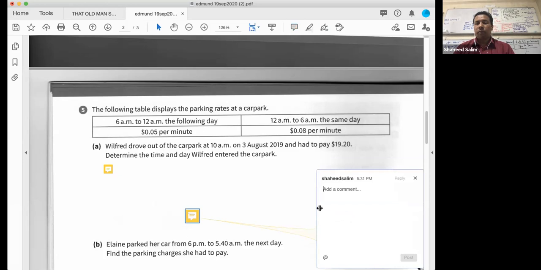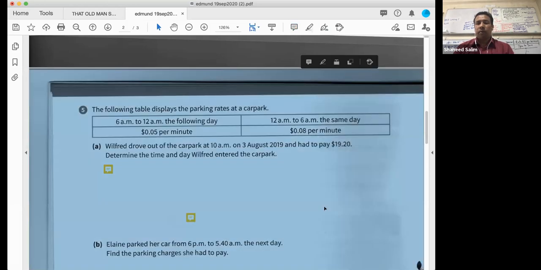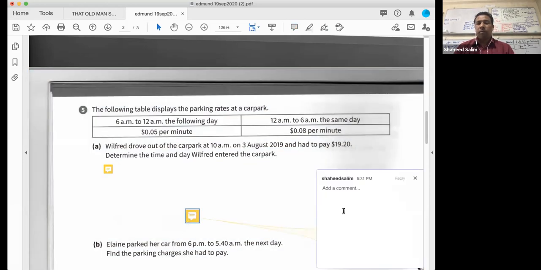Here we go. Okay, so we have 6 p.m. to 5:40 a.m. I am going to break it up according to the two rates, which is from 6 p.m. to 12 midnight.